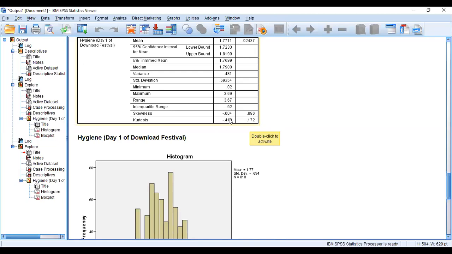Out of 810 respondents, only 1% gave a wrong number, and through this the whole statistics changed. So what do skewness and kurtosis tell? The values of skewness and kurtosis should ideally be between -1 and +1.